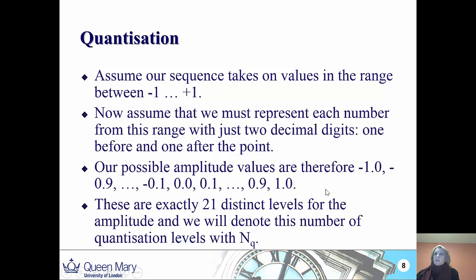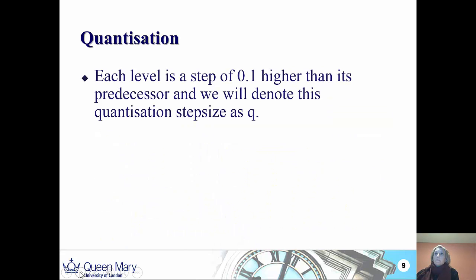So using this coding mechanism, there are exactly 21 distinct levels for communicating the amplitude. Okay, so we've got a discrete range of values which we may use to digitize the continuous signal. Each level is a step of 0.1 higher than its predecessor, and this is the quantization step size.